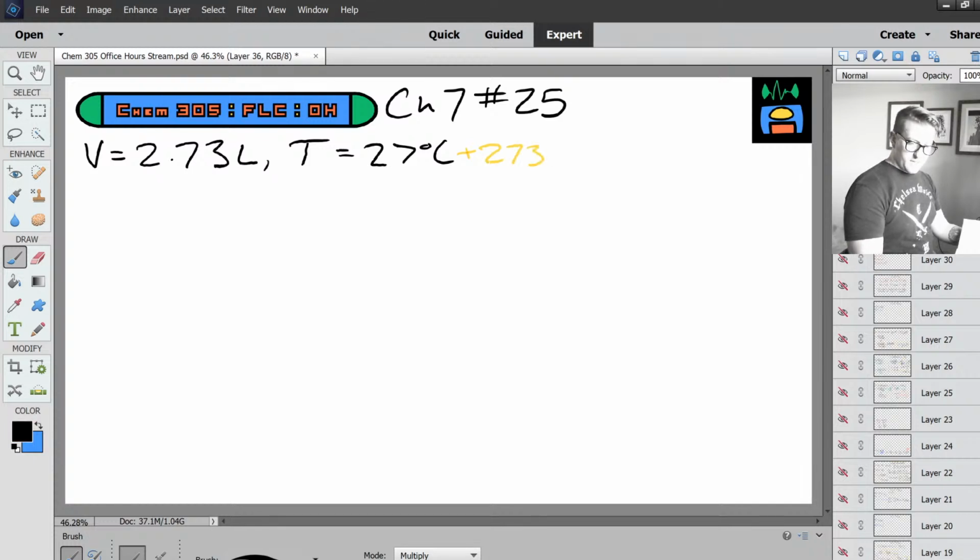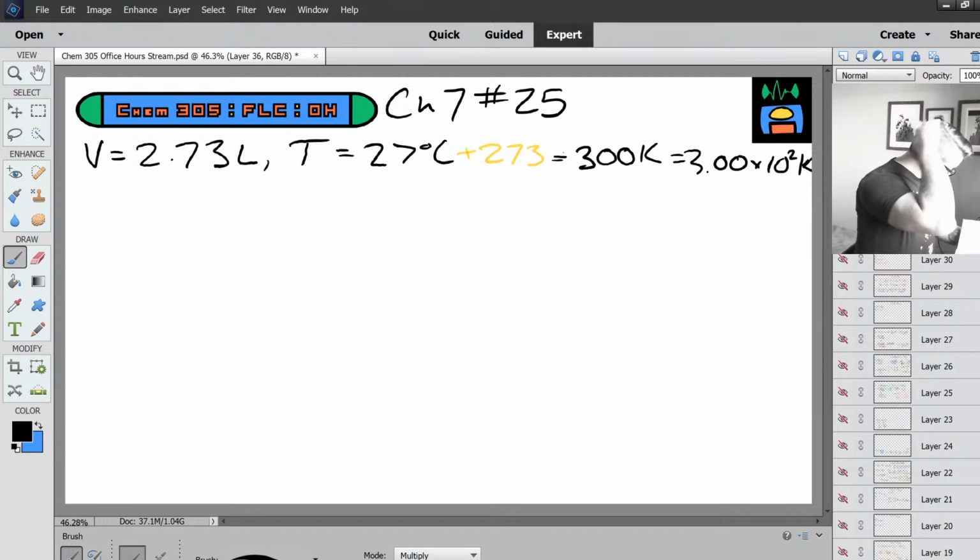Just going to convert to Kelvin. It's 300 Kelvin, but it's actually 3.00 times 10 squared, to tell the right sig figs.